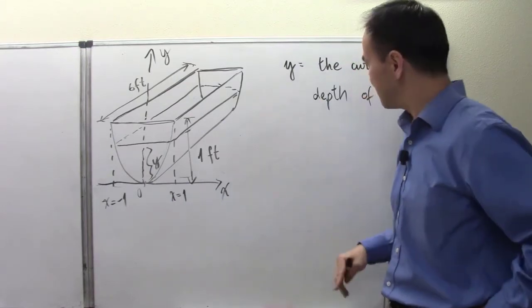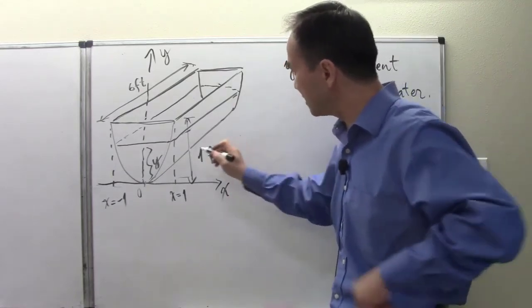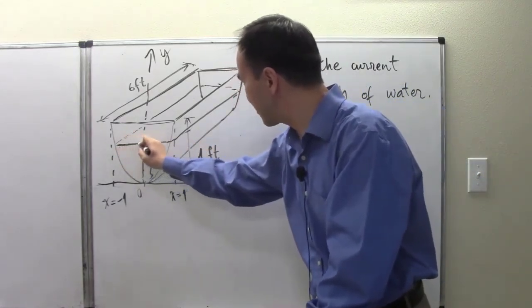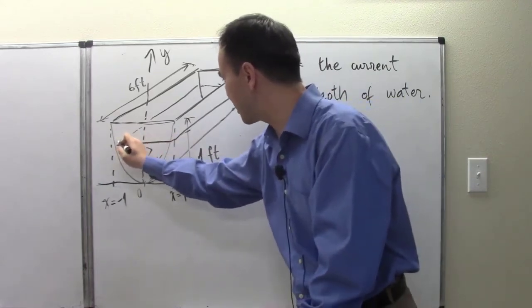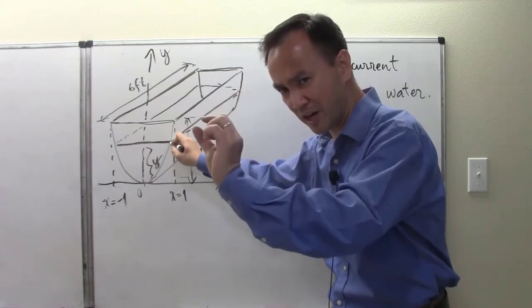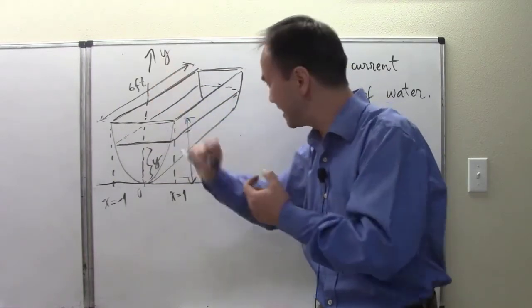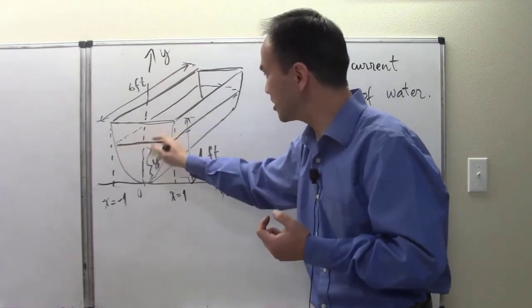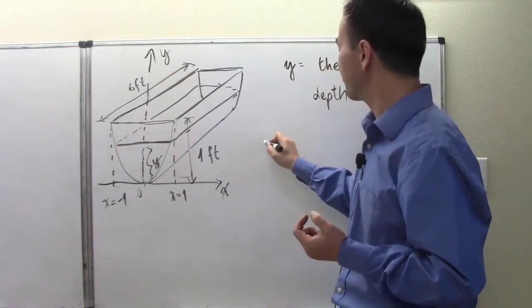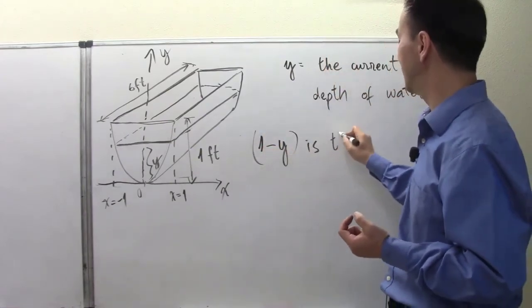And so now, when we're at any current depth right here, think about the thin slice of water right here that I'm trying to put my marker over. If we're withdrawing that thin slice of water out of the trough, then 1 minus y is the distance.